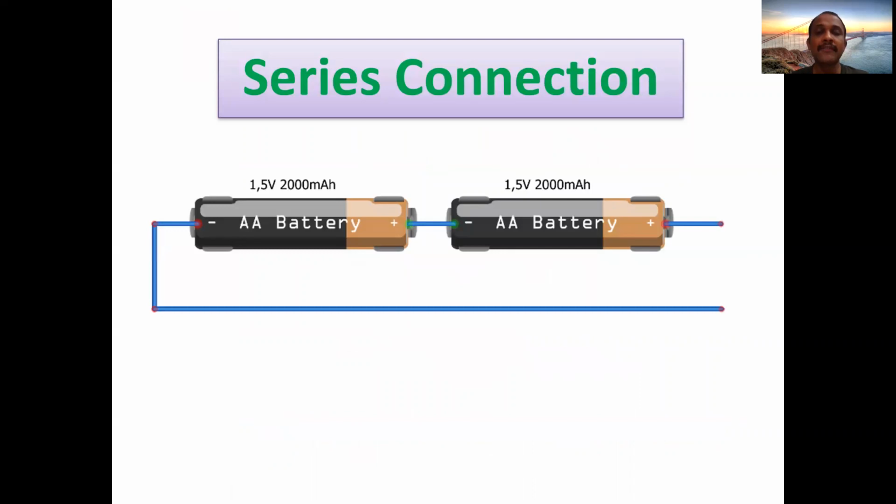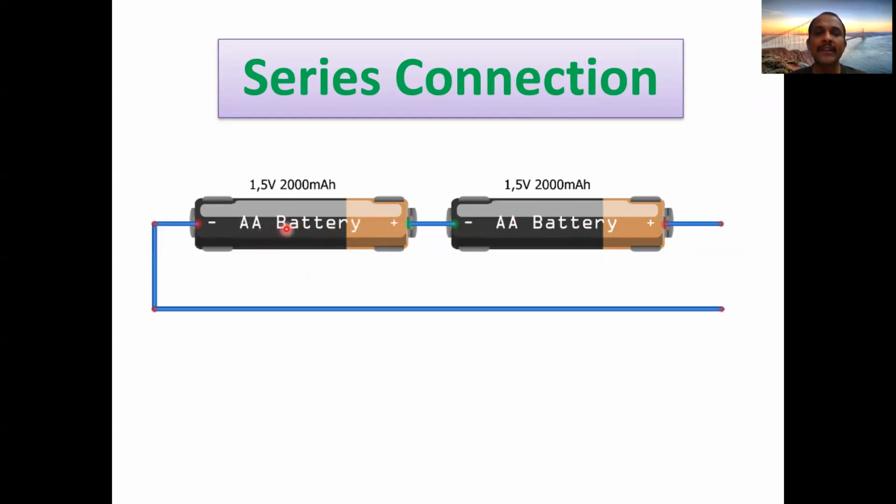As I was mentioning about the torchlight, you can see this is a 1.5 volt battery with 2000 mAh, and this is also a 1.5 volt battery with 2000 mAh. You can see the positive terminal is this and the negative is this. The negative of one battery is connected to the positive of the other battery, which means we have to add.